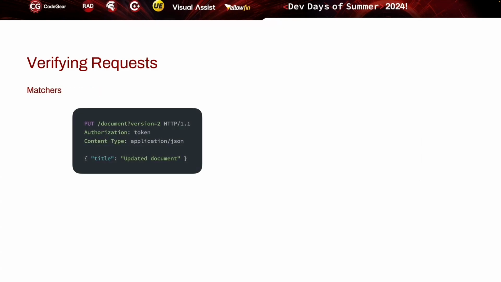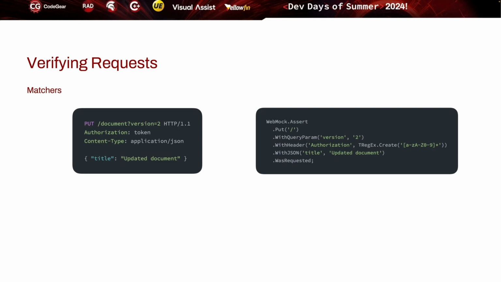And then let's have a look at verifying requests with matches. Just as we would expect to do on the stubbing the request side, we can also use those matches the same as we could on the assertion.